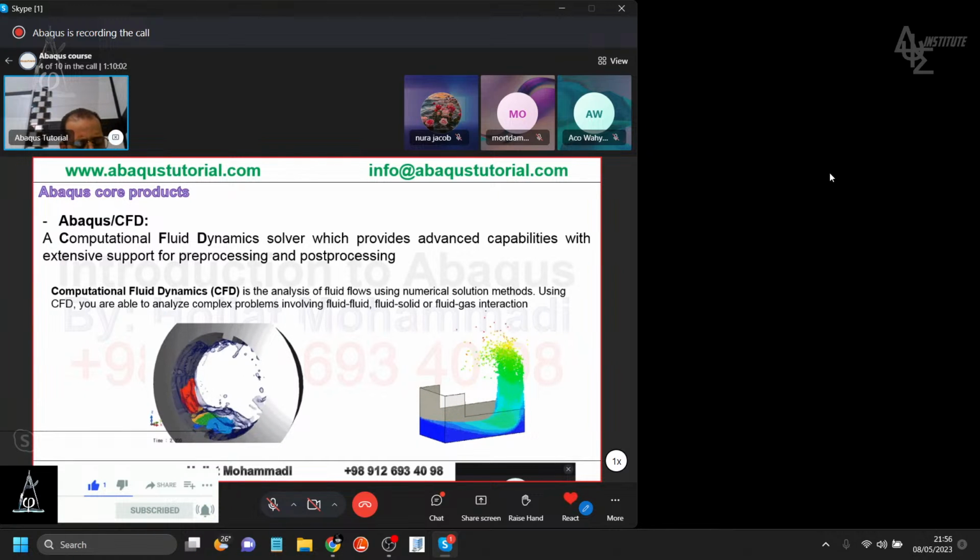Okay, please note that if the polymer is very thin, and the thickness can be ignored compared to the other dimensions, it will be better if you use shell elements, okay, shell elements.